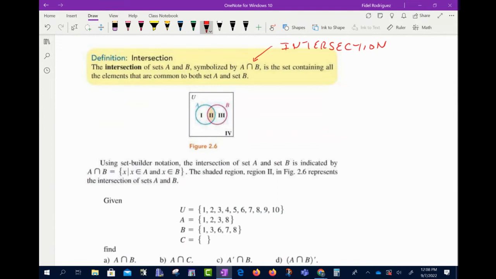The intersection is just saying, what elements do we have in common to both sets A and B? You can see this little overlap right here is what we call the intersection. That's how we draw that picture.